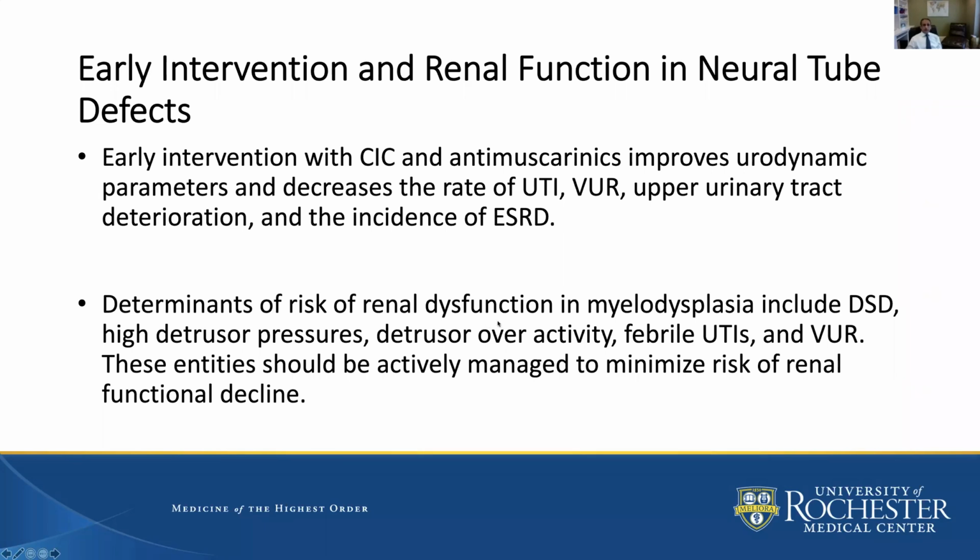There are some factors you can find on urodynamic study, especially detrusor sphincter dyssynergia, high detrusor pressure, febrile UTIs, and vesicoureteral reflux. They are a risk population, and early intervention is required in them.